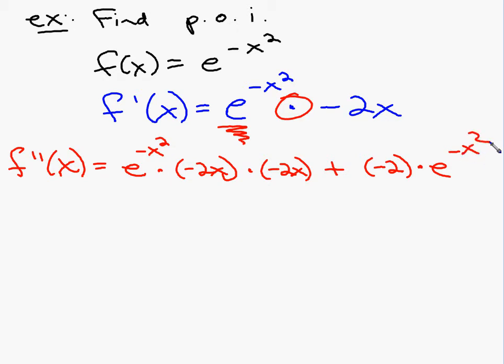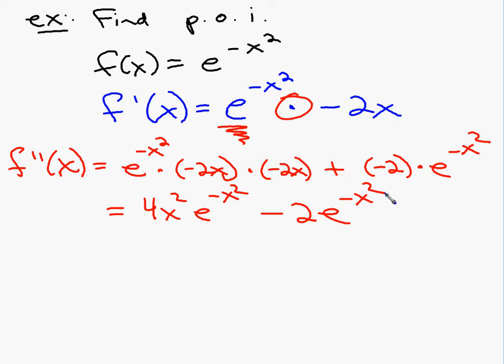Now let's clean that up a little bit. Yes, it's still ugly, but we can make it look a little bit better. It's going to be 4x squared e to the negative x squared minus 2 e to the negative x squared. And already it's not quite as ugly as it once was.